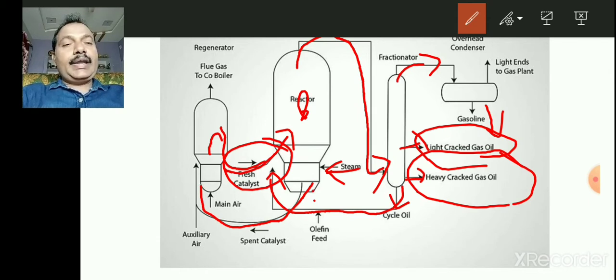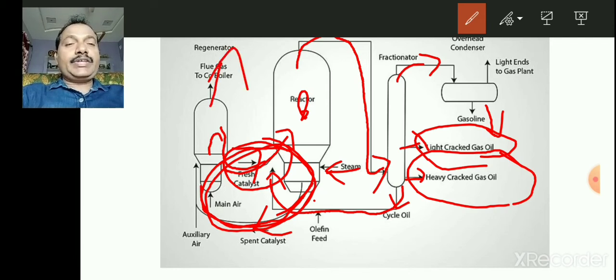So this is the catalytic flow direction, continuously flowing like this. And from the top, flue gases are utilized by the boiler section. So this is the arrangement, fluid catalytic cracking sections.